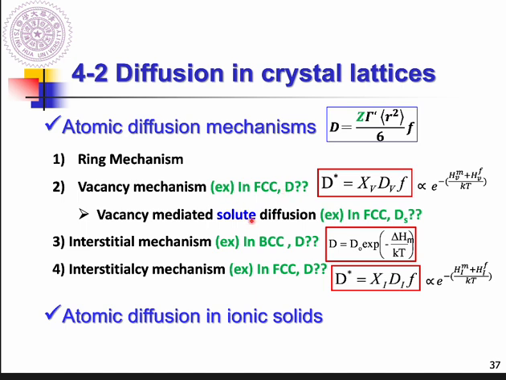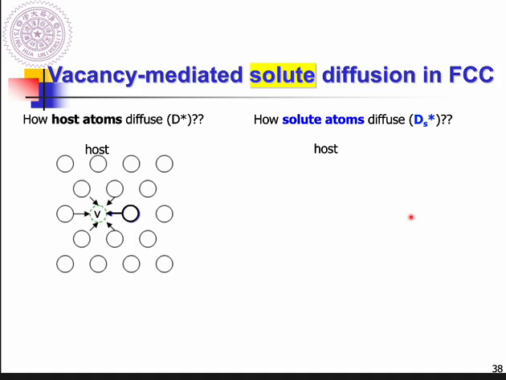So under this situation, what's the solute diffusivity? We will focus on that here. Just a quick reminder, to compare the vacancy and the vacancy mediated solute diffusion, the structure we talk about is the FCC structure.